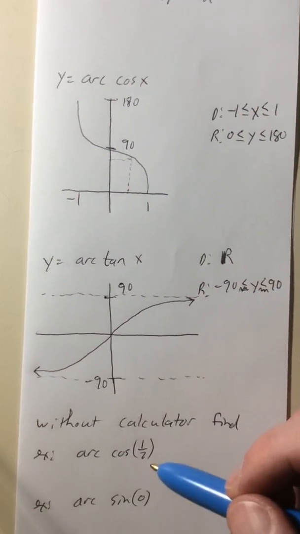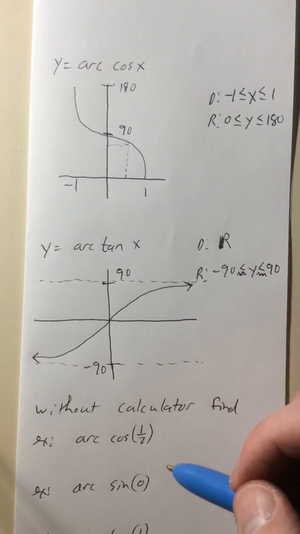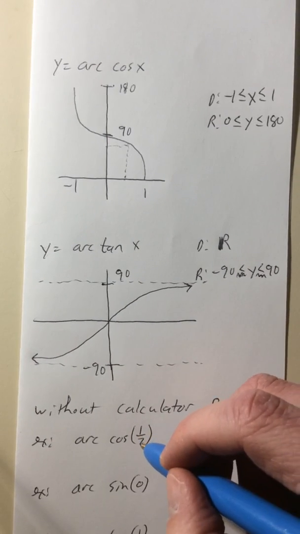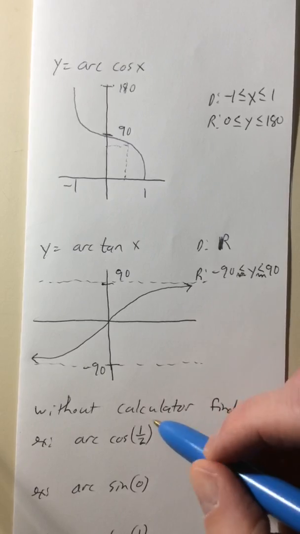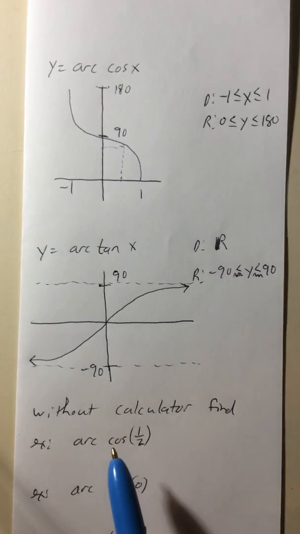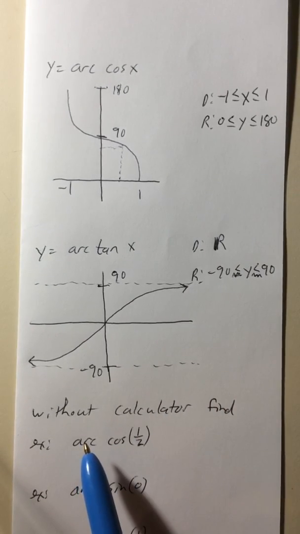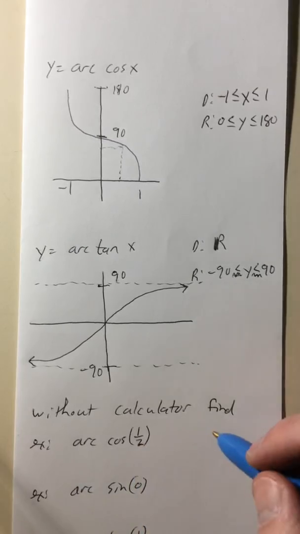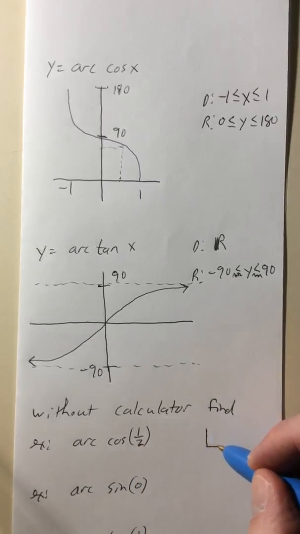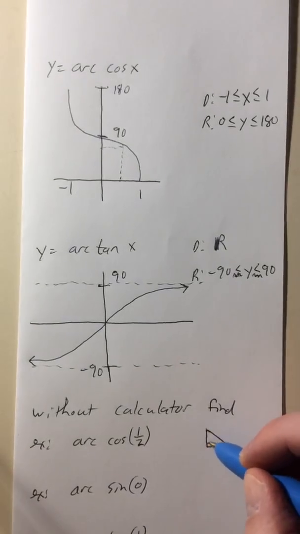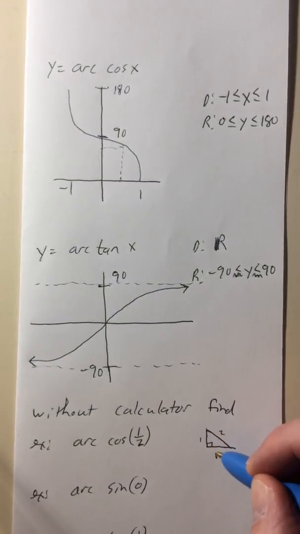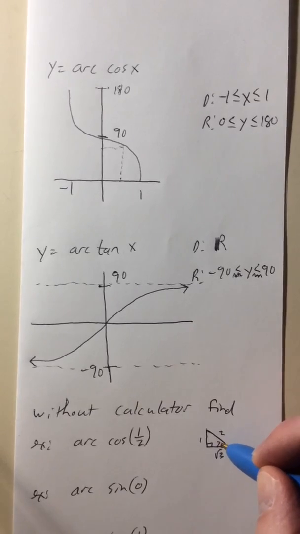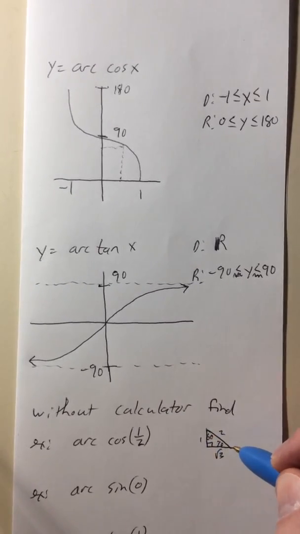So let's see if we can do some of these problems right here. All right, so this is 1/2 right here. So what we're asking then is the cosine of what angle is 1/2? And so, of course, you should remember this from your little reference triangle right here, hopefully. You should remember 1, 2, √3, and 30 degrees in there, 60 degrees down there.